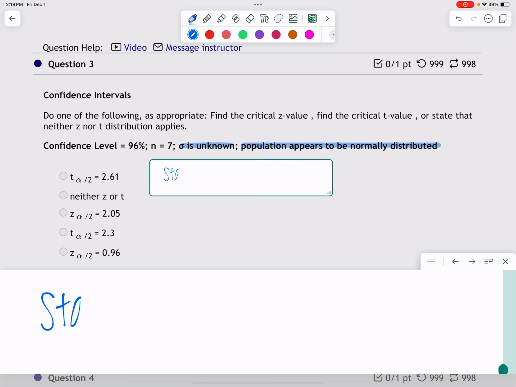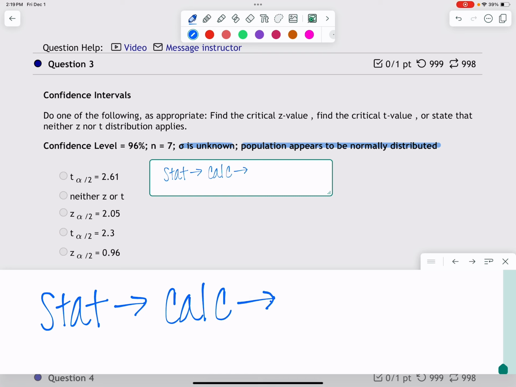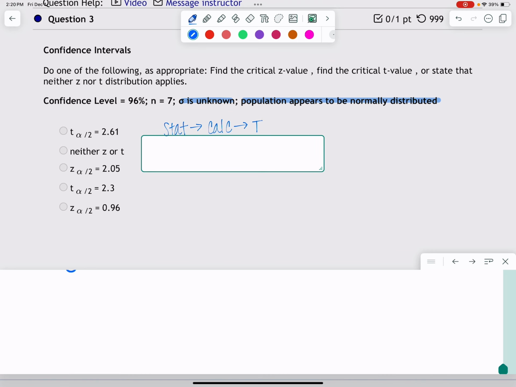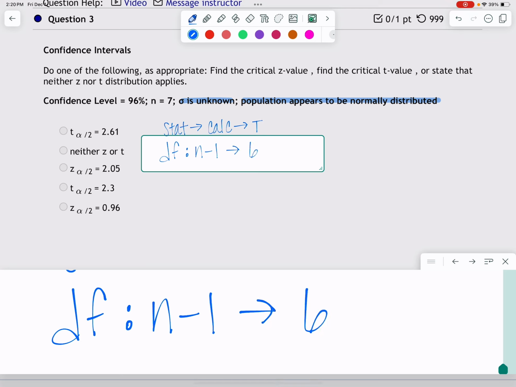So we go to stat. Calculator. Go down to T. We're still going to use between. Now remember, you have to use the degrees of freedom. Degrees of freedom is your sample size minus 1. So our degrees of freedom is going to be 6.